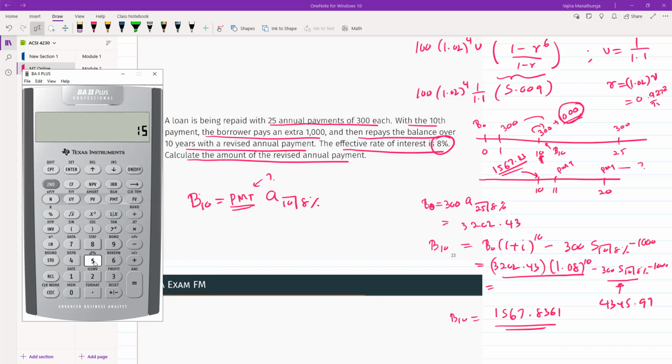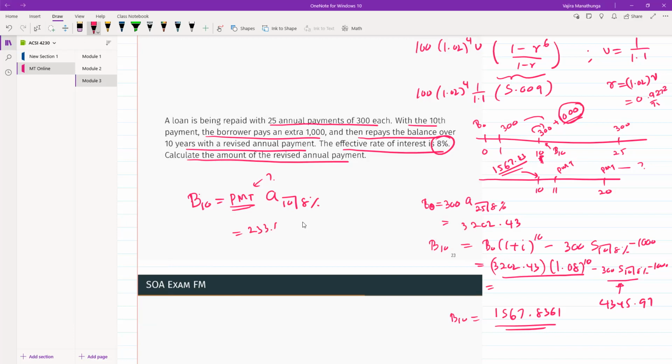Present value 1,567.8361. That's the present value. And the future value needs to be 0 because we want to pay off the loan within 10 payment and the rate 8%. And let's compute the payment size. It's going to be 233.65. That's the payment size. So not $300, but you pay only 233, so around $70 less.